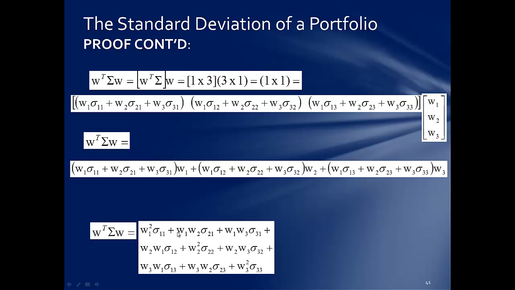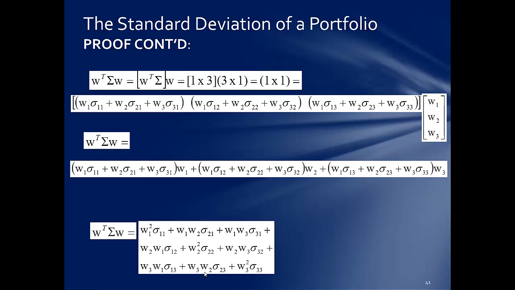Now, we can actually combine some of these. For instance, W1, W2, sigma 2,1 happens to be the same thing as W2, W1, sigma 1,2, so those can be combined. W1, W3, sigma 3,1 happens to be the same as W3, W1, sigma 1,3, so we can put those together. W2, W3, sigma 3,2 also happens to be the same as W3, W2, sigma 2,3.